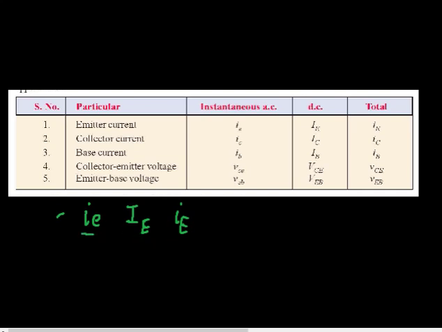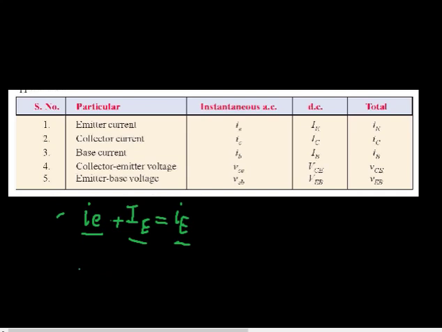The first one represents the instantaneous AC, that means the emitter current due to the signal alone, or the contribution of the emitter current from the signal, and capital IE represents the emitter current due to the DC conditions prevailing in the circuit, because there is emitter current due to the DC conditions of the applied voltages, which we call the bias voltages, and there is a total current which will be the sum of these two currents, and that is represented by small i with capital E subscript.